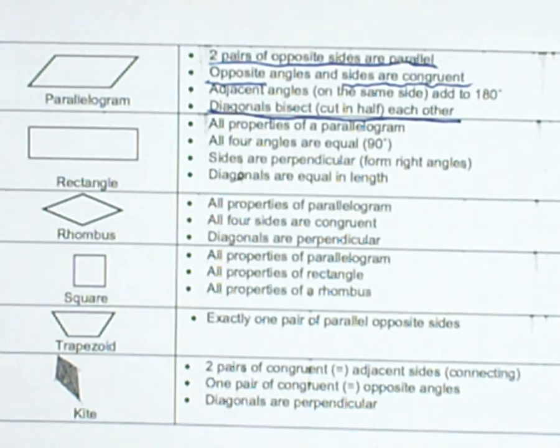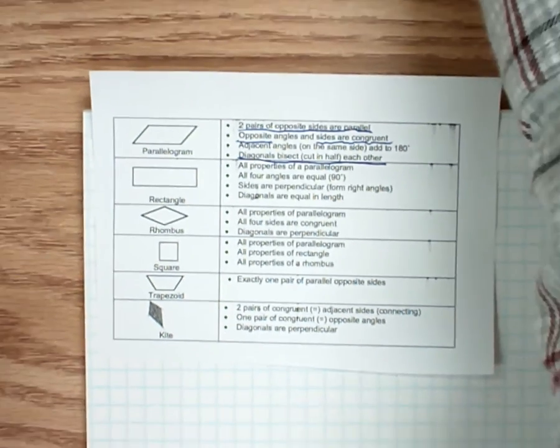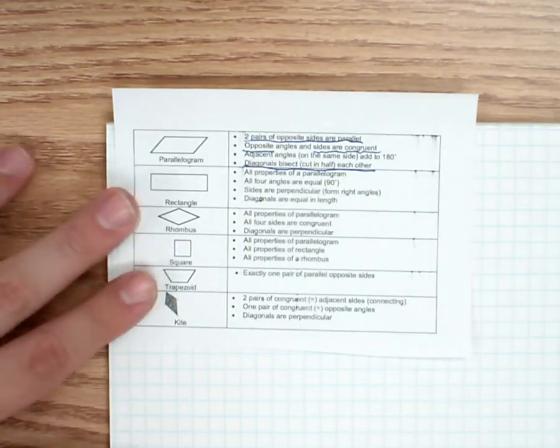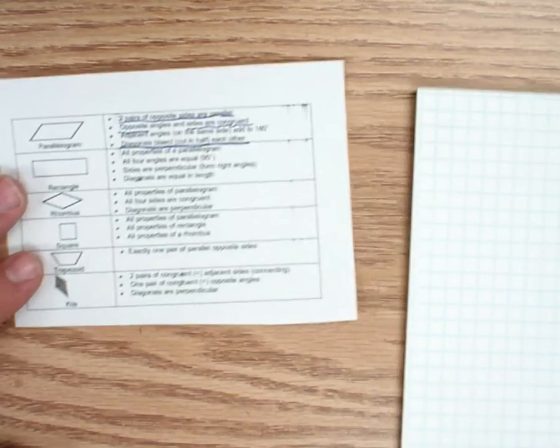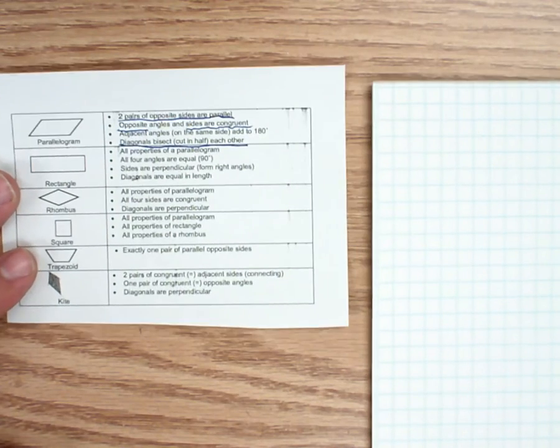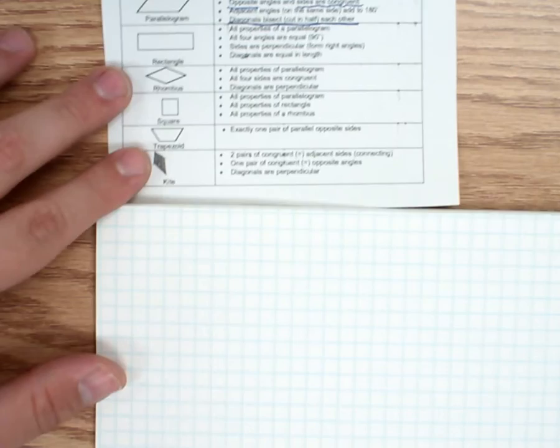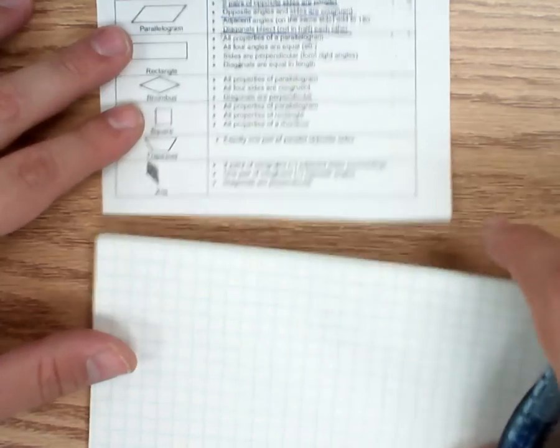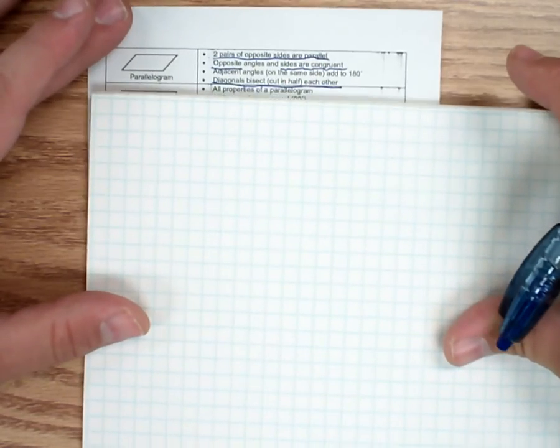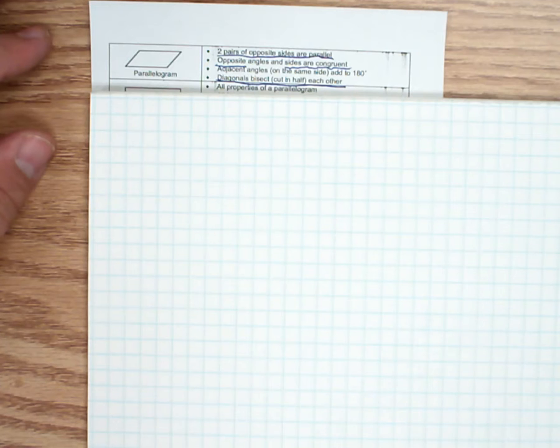So to see if those opposite sides are parallel, what could you use? What do you know when we're using coordinates?